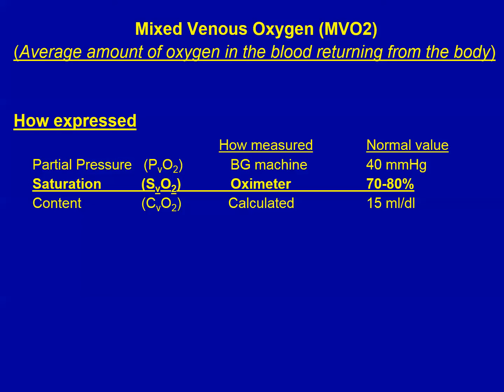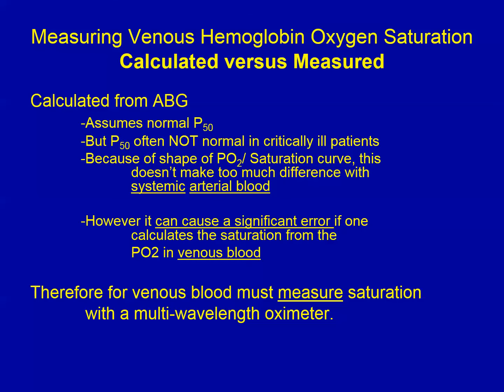There are many ways of expressing mixed venous oxygen, but the most common method is hemoglobin saturation, which is normally between 70 and 80%. Remember that venous saturation must be measured by a multi-wavelength oximeter because of the effect of changes in P50, as discussed in the next 2 slides.